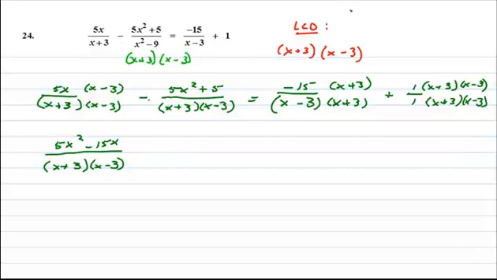Let's distribute this negative now and get it done with. So we have plus negative 5x squared minus 5 over the LCD.